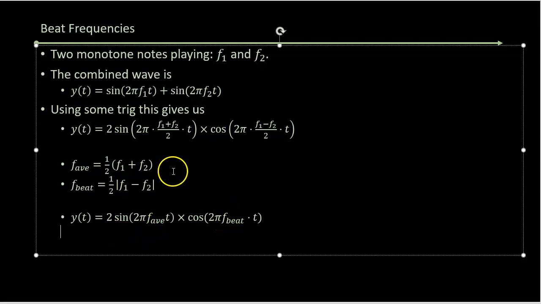Again, I've got my average frequency, which is just the average of the two frequencies. I've got my beat frequency, which is half their difference.